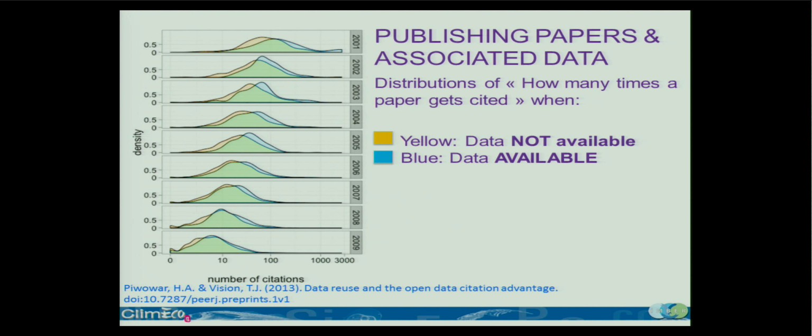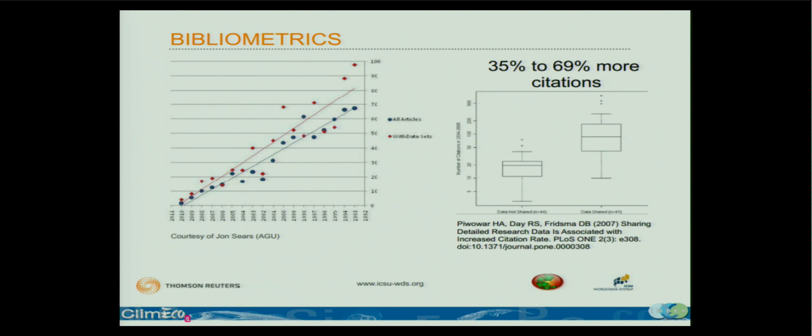And the blue curve is for publications that had data available, showing that when your data is available, the citation of the paper is increased. And of course, the older papers get more, because you have more years to cite them. So, data sharing increases the citation of papers.